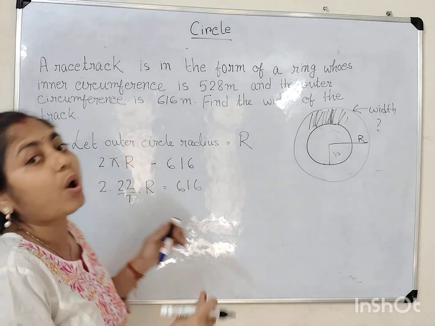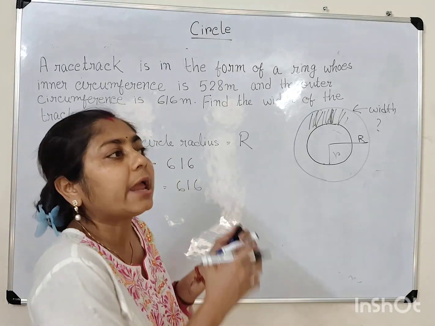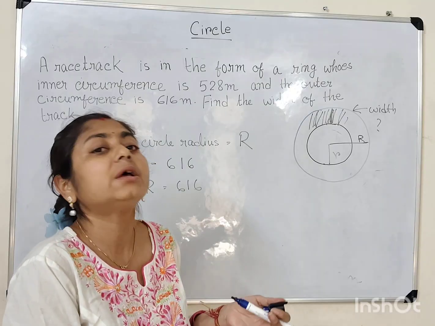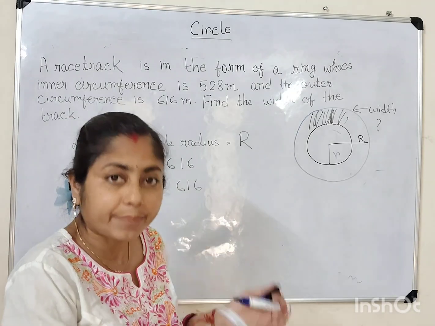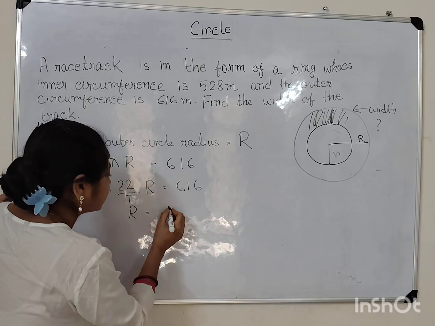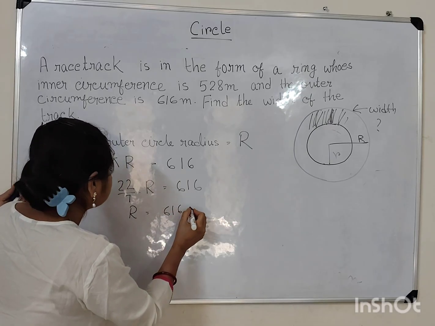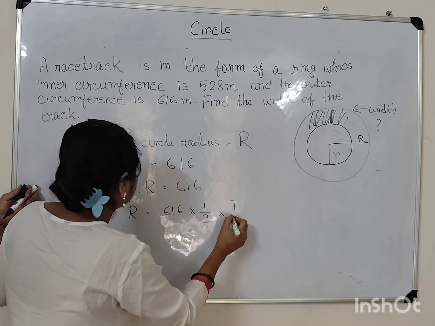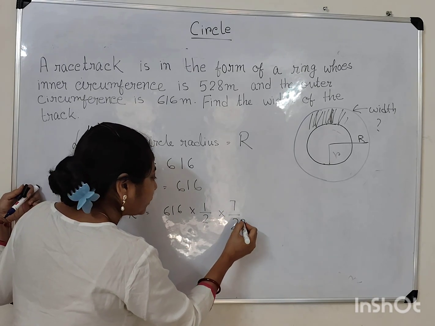What I tell in all my videos, when you shift any number to the opposite side of the equal sign, at that time the sign changes. It is compulsory. So how can I write? I write only R and write 616 into 1 by 2 into 7 by 22. Okay?